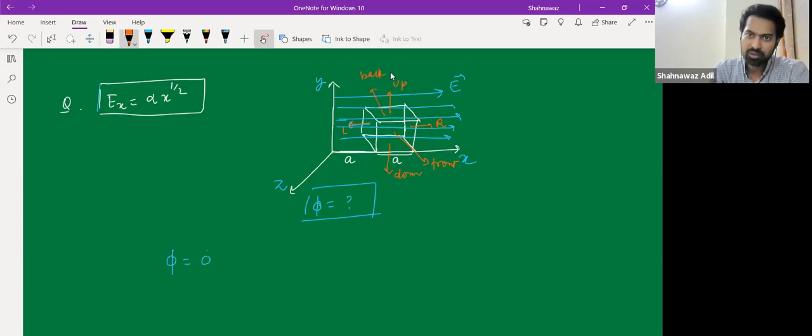Understood, guys? So the total flux in this closed surface would be phi left plus phi right plus phi bottom plus phi up plus phi front plus phi back. Any doubt in that?